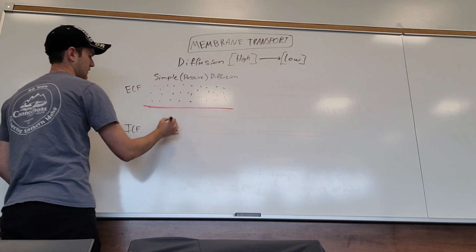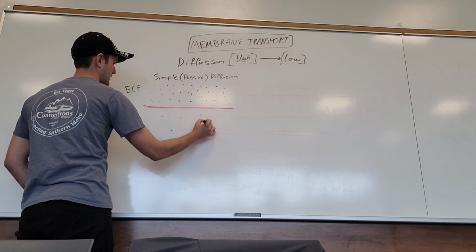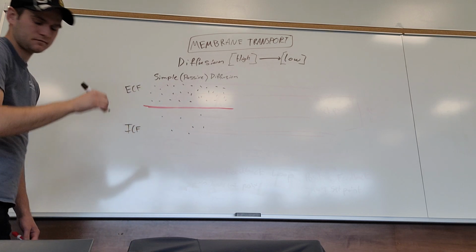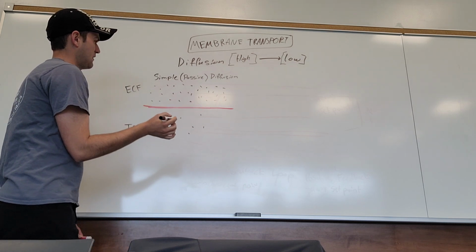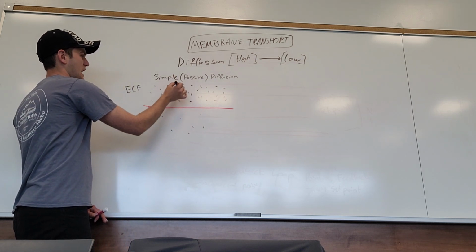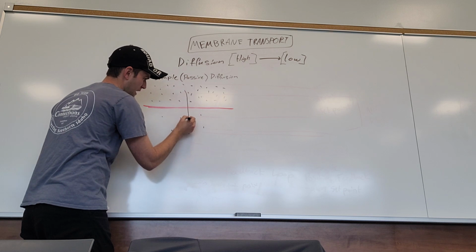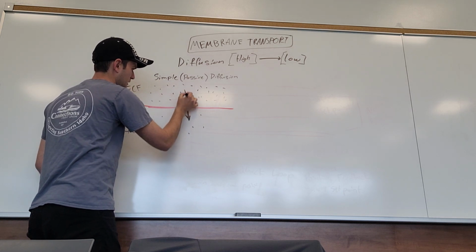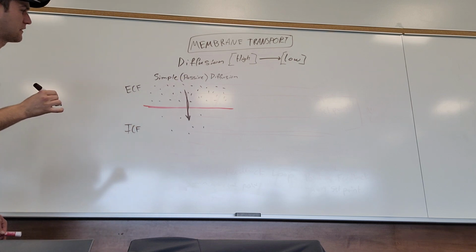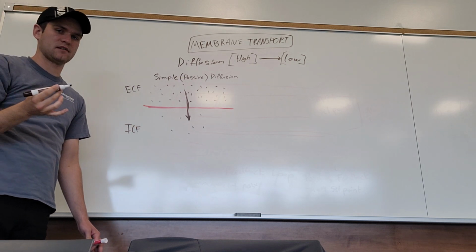And then our ICF, that's where the concentration of these solutes is lower. Excuse me. So for passive diffusion, all that's going to happen is our solutes from our high concentration are just going to move down into low concentration. And that's it. That's all that happens.